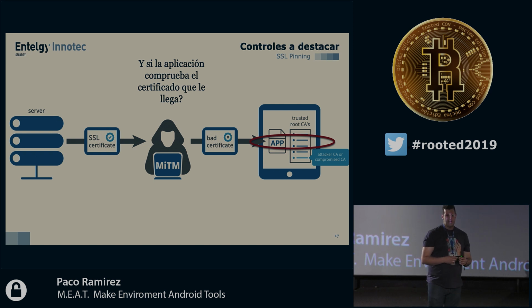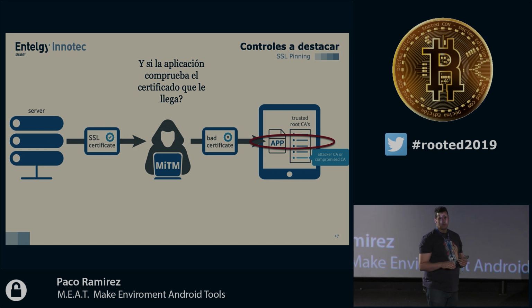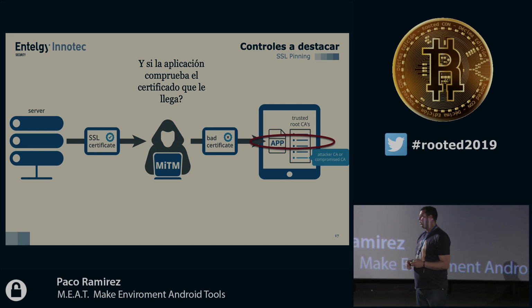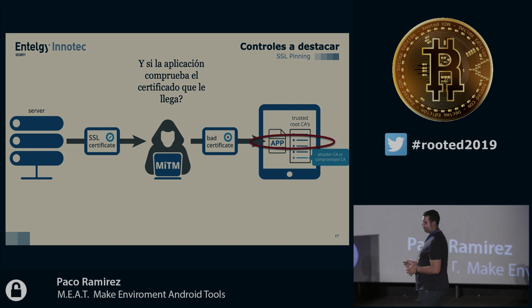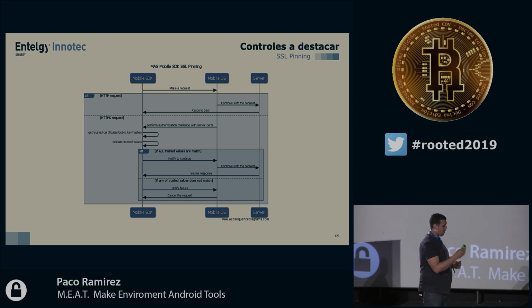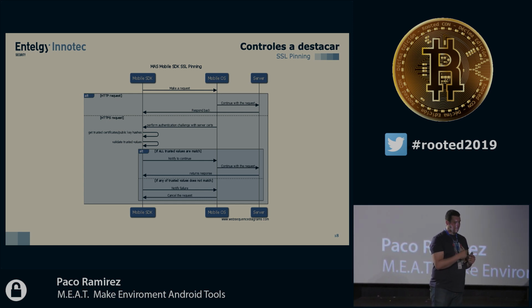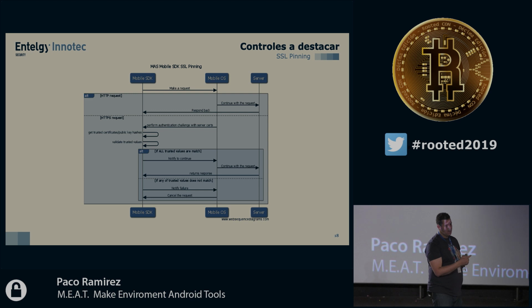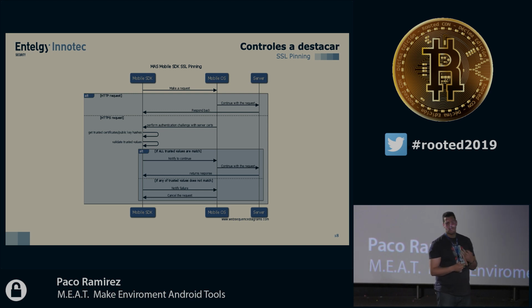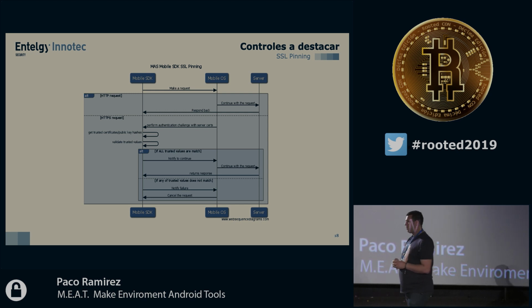If this certificate that arrives in the application, which is a malware that I put in the middle, if the application was able to really analyze the certificate, and the device could see this is not a good certificate, communication will be stopped. So this is the scheme we must apply. I establish communication, and once I verify the first communication, if I'm able to verify the certificate, and the certificate is not the one I have in store, communication ends.